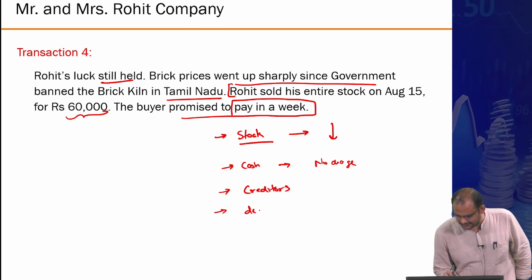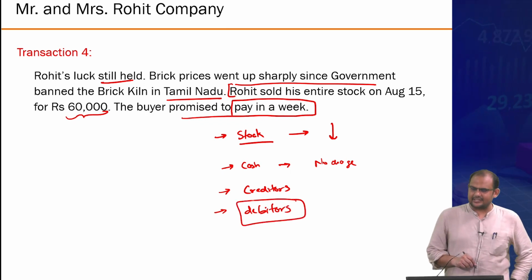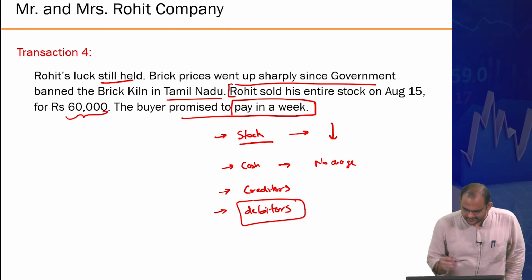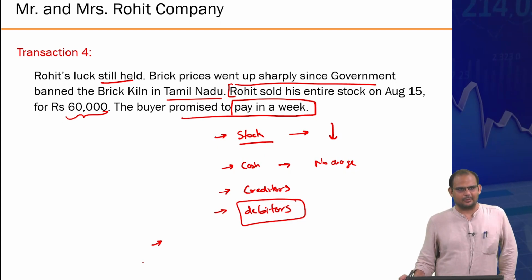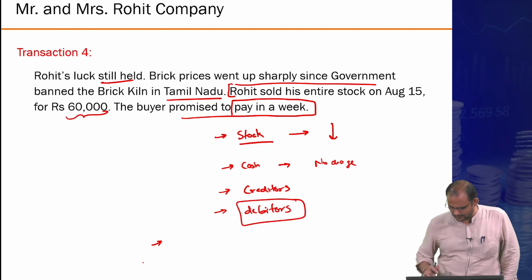Creditors getting affected, or debitors getting affected? Debitors are getting affected. This is your accounts receivable, right? Total asset and total liability goes up or goes down? Goes down. Okay.